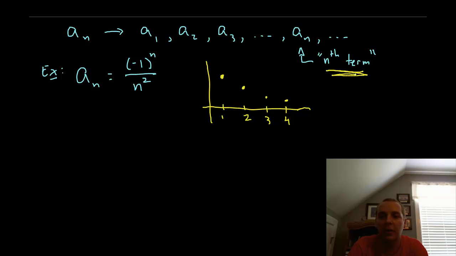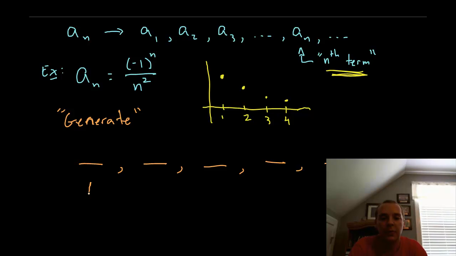A bit of vocabulary: whatever the term is when n is a particular value, we call it the nth term. A beginner question, one of the easier questions that you'll typically be asked, is to generate a certain number of terms in a sequence. For instance, if your function of n is a sub n equals negative 1 to the n over n squared, then we can spit out a list of terms however long they ask us for.